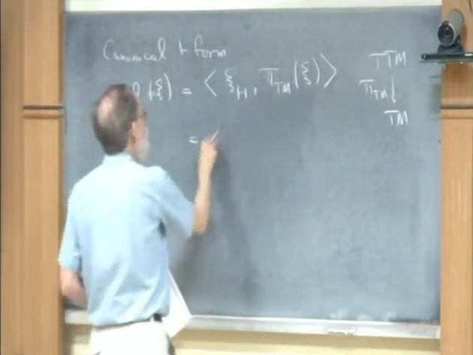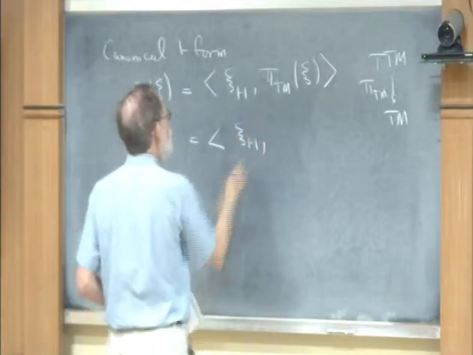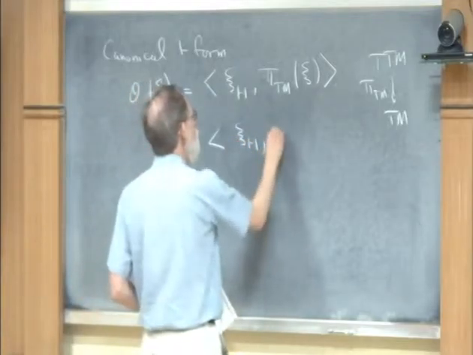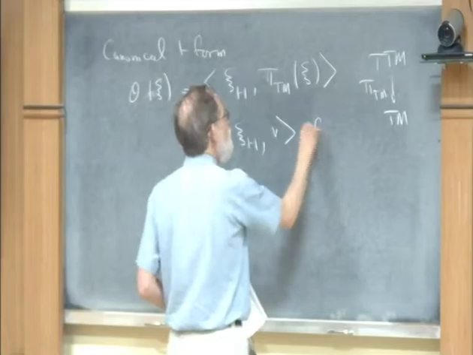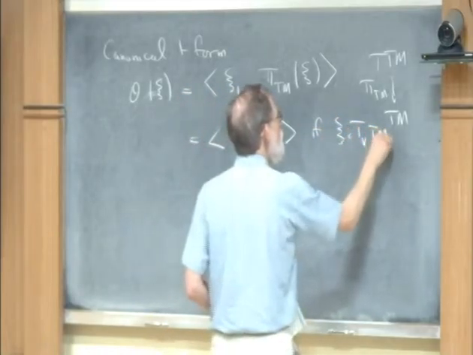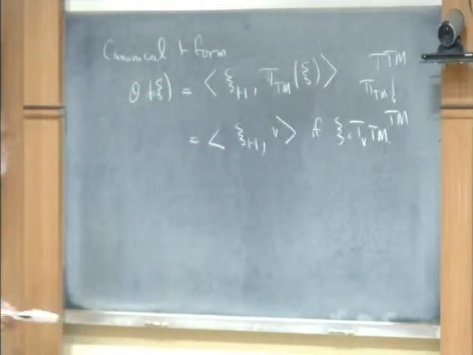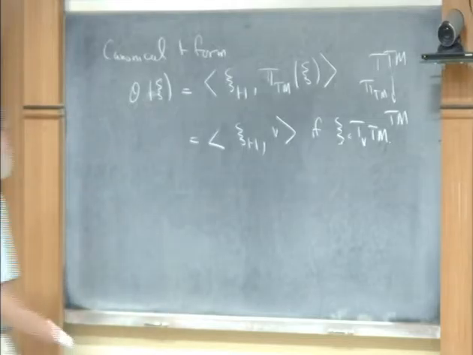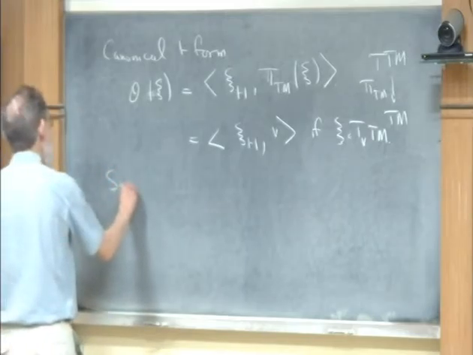So another way of writing this is you do the horizontal component of xi with v if xi is in T_v TM. So obviously this has the Riemannian metric from M built into it. And then there is a symplectic form.